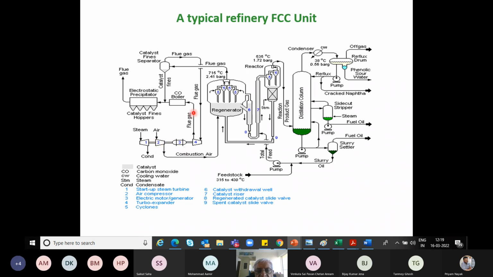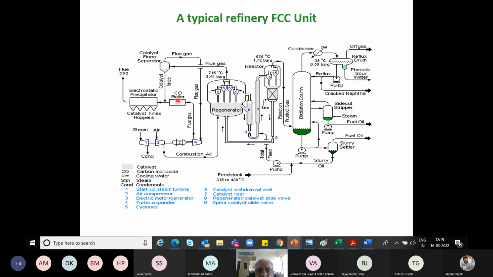The hot flue gas still has a large amount of heat, so we put it through a boiler. In this case, we call it a CO boiler because there is some amount of CO coming in. So we combust that CO to CO2 and generate that extra heat to generate steam.